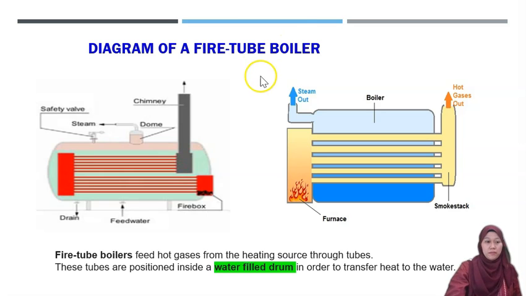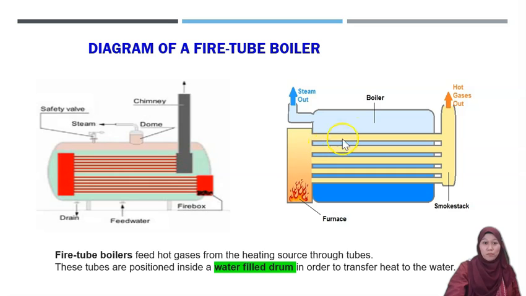So the fire tube boiler feeds hot gases from the heat source, from the furnace, and they go into the tube and heat up the water surrounding it, and then the heat goes out through this side. This is a very easy and clear diagram to draw when you are required to explain the working principle of the fire tube boiler.